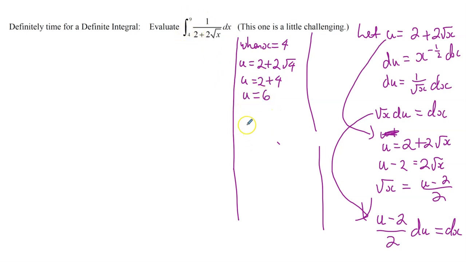And when x is 9, u is equal to 2 plus 2 root 9, right? Which is 2 plus 3 times 2, which is 8. So u is equal to 8.